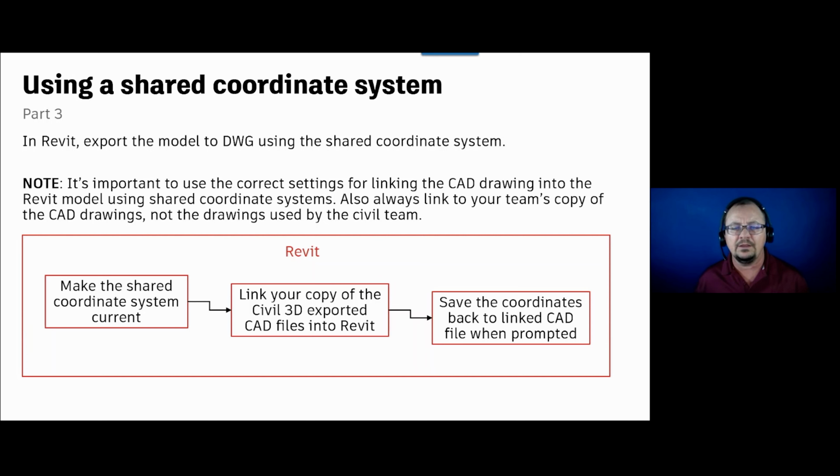Don't actually link the Civil 3D project files, because at the end of this process, when you save your drawing, it's going to ask you if you want to save those coordinates back to the linked CAD file. And if you do that, you're going to actually change the coordinate system of that drawing to match the internal coordinate system. It'll still stay in the same location within Revit unless you detach it and reattach it. But you don't want to do that to the Civil 3D team's drawings.